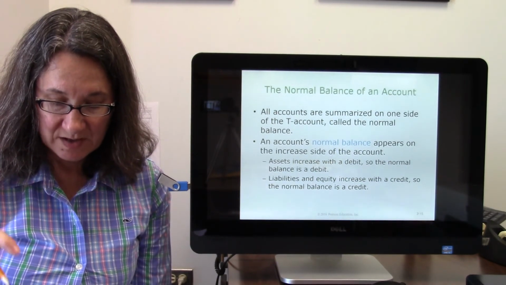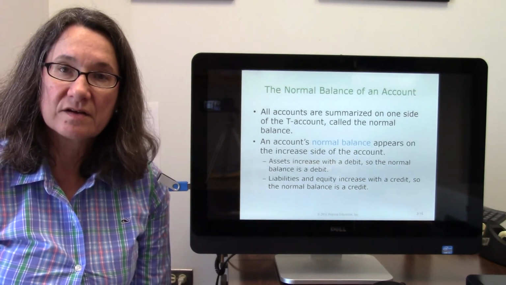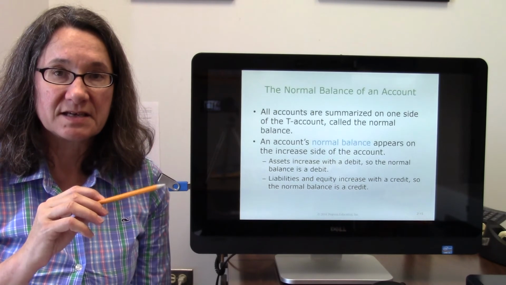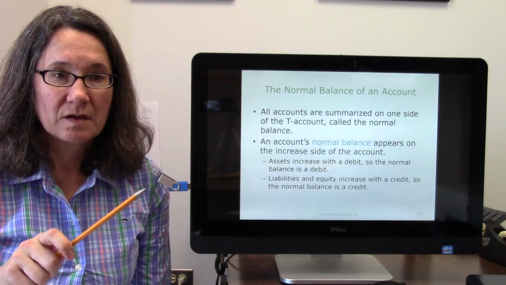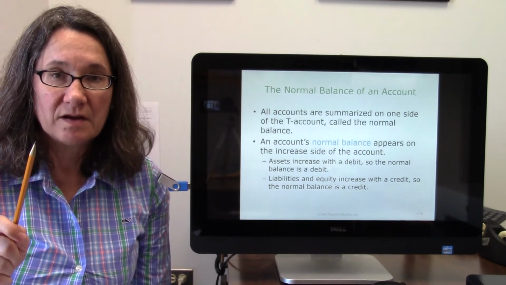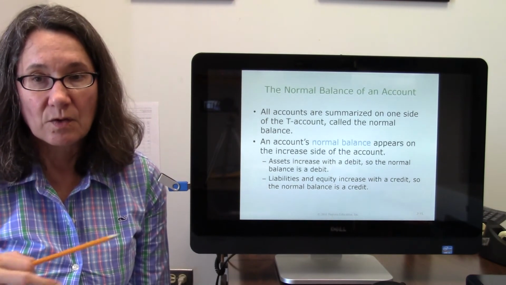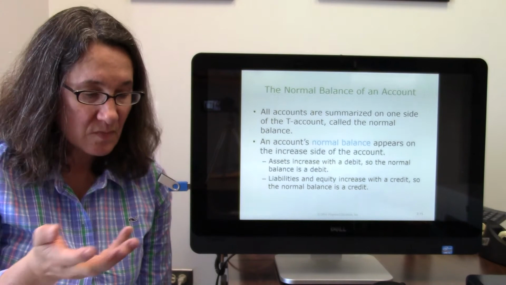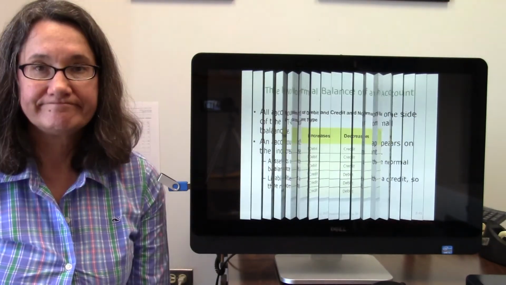So the normal balance for these accounts is a credit. Once you learn the rule, assets increase with debits, liabilities and equity increase with credits, you can understand which is the normal balance.